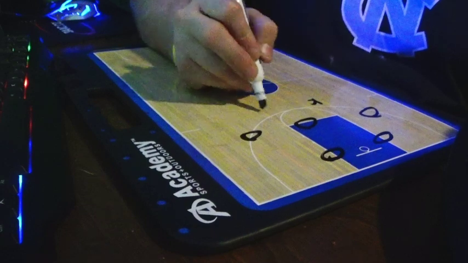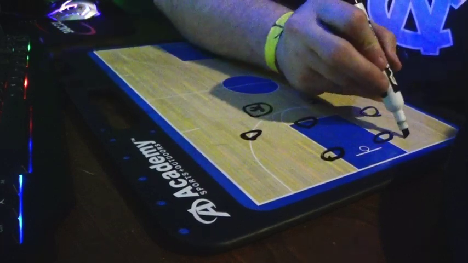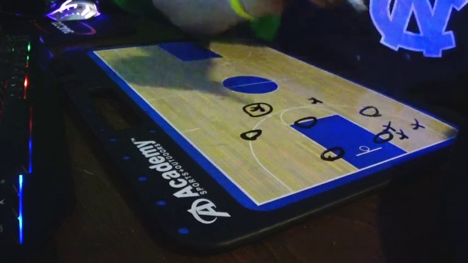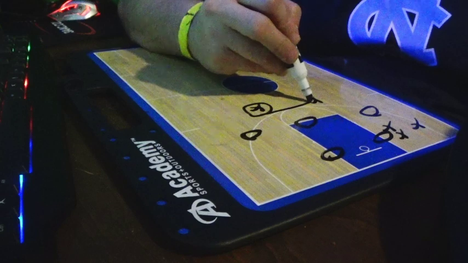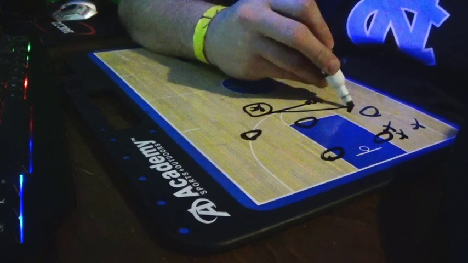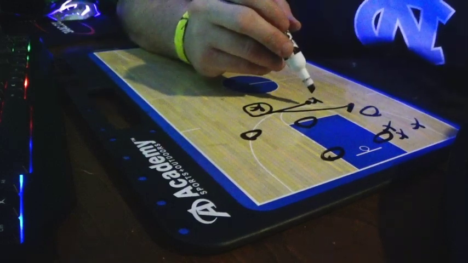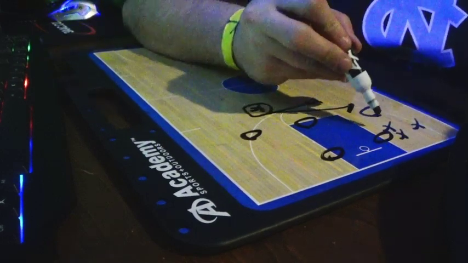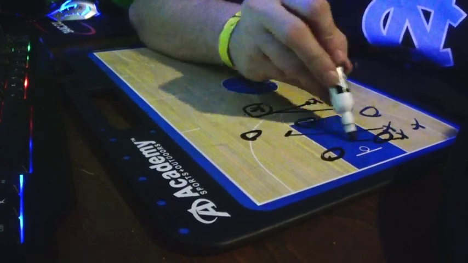Okay, so boom, boom. We're gonna start the ball here. Okay. So on the pass, we're going to down screen this guy. Once the down screen happens, big guys flash up.